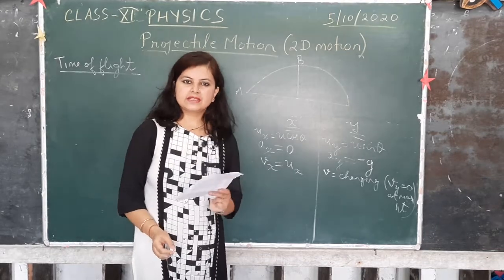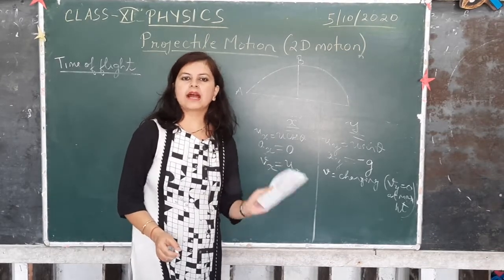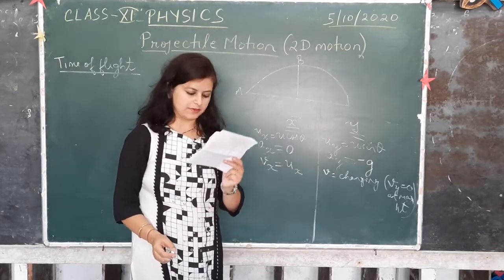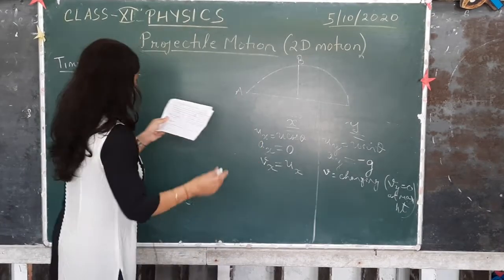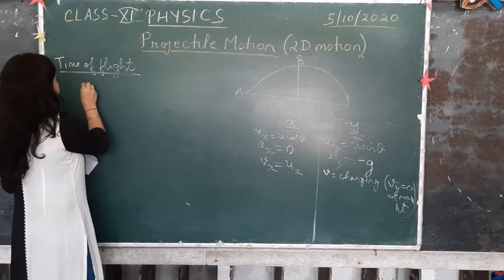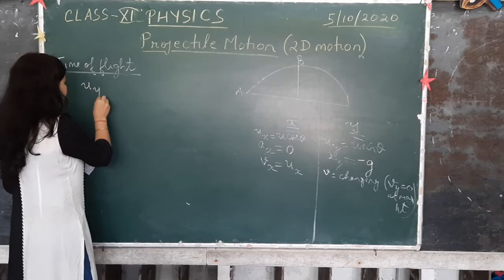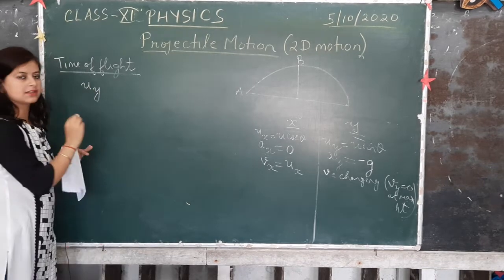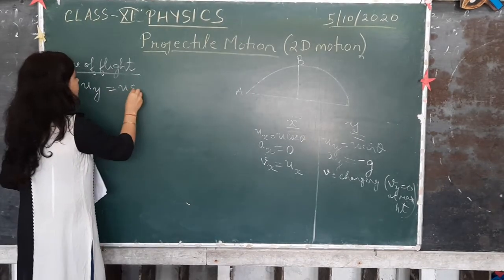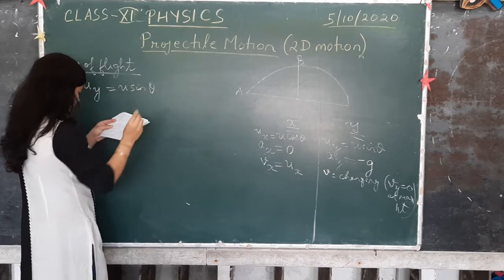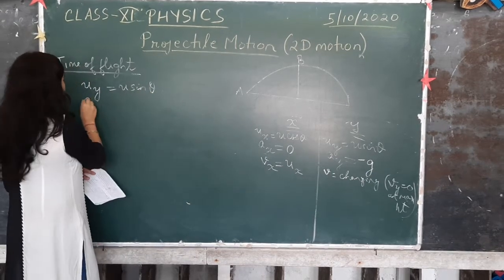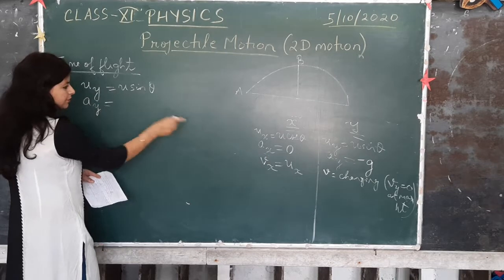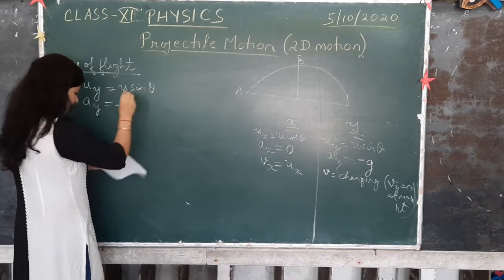So while deriving these three equations, we are taking either y or x depending on the situation. Because it is the vertical direction, we will take the initial velocity along the y direction as u sine theta. Then acceleration along the y direction is equal to minus g.